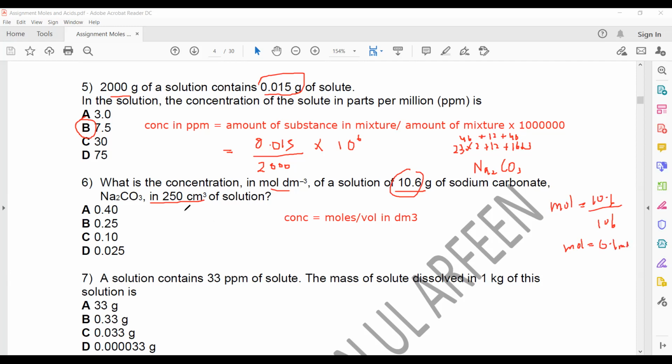So we have the moles and the volume is in cm cube. So we have to convert into dm cube, divided by 1000. So 0.1 divided by 0.25. So we get the concentration 0.4 mole per dm cube.